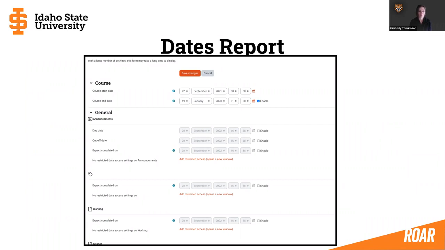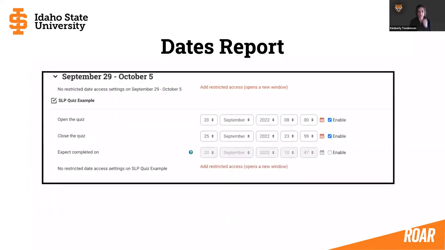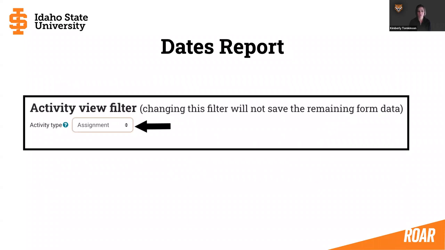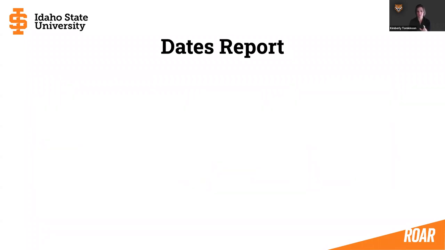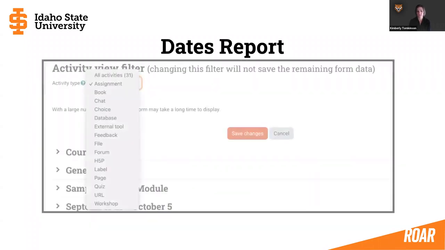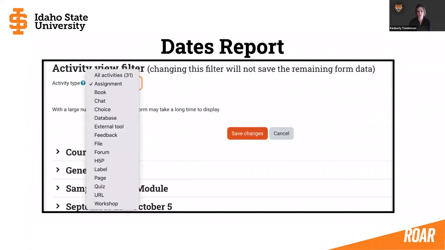An alternative is to filter by activity type and then expand all of the modules. When you're in the activity filter, you select the type of activity that you want to look at first, and then it will show all of those activities in all of the modules in your course if you expand all of your modules.